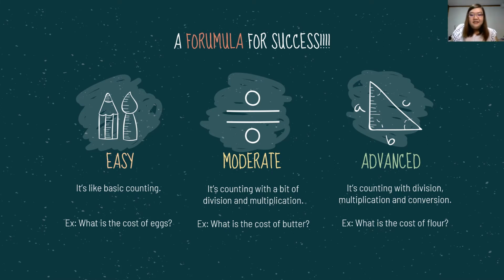And the advanced is like counting with division, multiplication, and a little bit of conversion. I hope you remember your conversion from your science classes. We're going to deal with grams, price per gram, ml, and pieces. An example of this would be, what is the cost of flour?